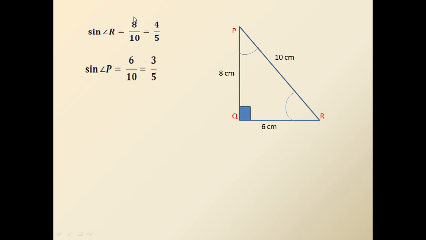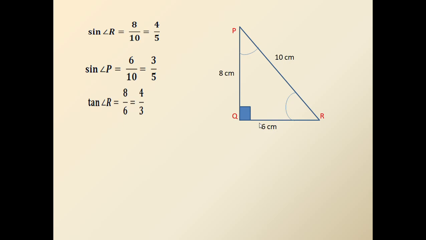As we can see here, the actual length is 8 centimeter, actual length of hypotenuse is 10 centimeter, but the ratio is 4 by 5. So sine or cos or tan, all these trigonometrical ratios indicate the ratio, not the exact length of the corresponding sides.